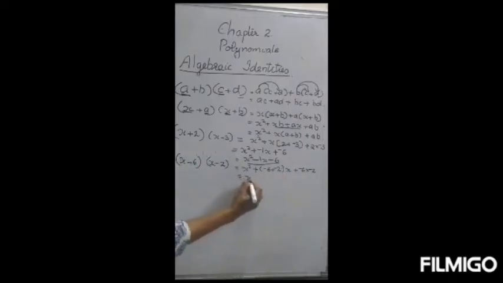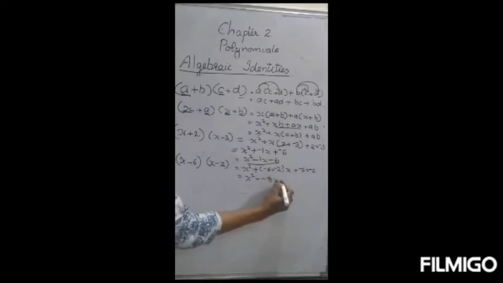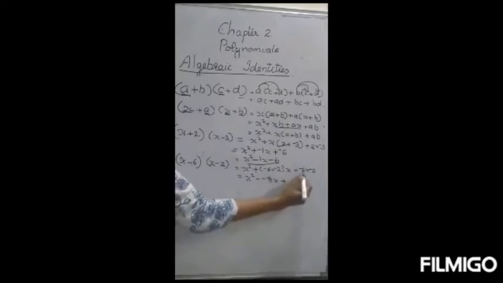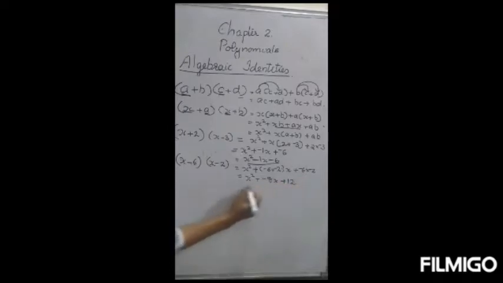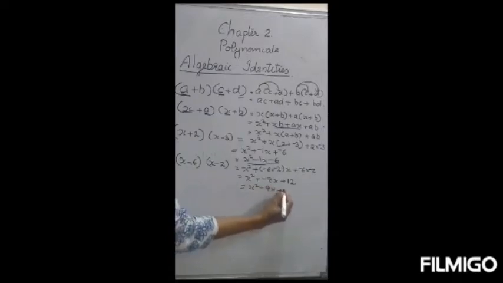That is equal to x² − 8x, minus into minus is plus, so 6 twos are 12. So it becomes x² − 8x + 12.